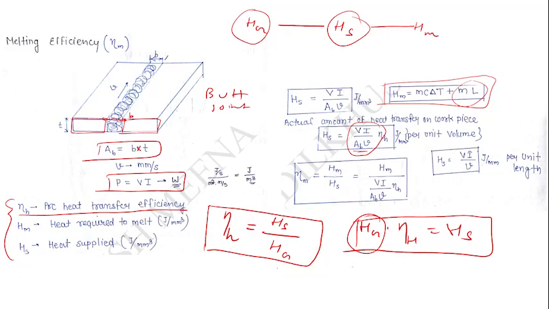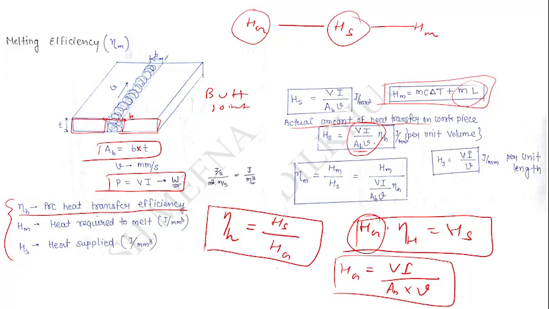So your Hg, the heat generated, is V into I, that is power, divided by area multiplied by the velocity. With the help of that, there is one formula formed for the actual amount of heat transfer on the workpiece. That is Hs is equal to VI divided by A b into v, multiplied by heat transfer efficiency.